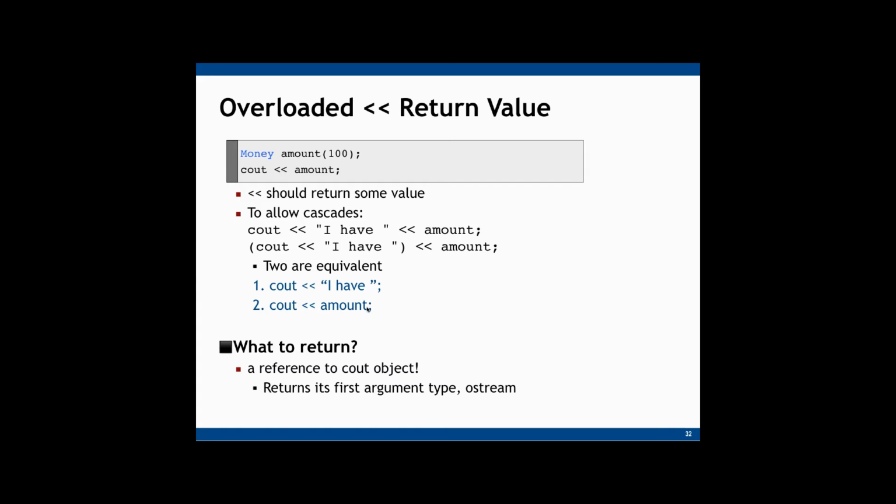So the overloaded insertion operator should return the cout object, which is a class type of ostream. The insertion operator has to return the cout object so that it allows cascade evaluations, as shown here.